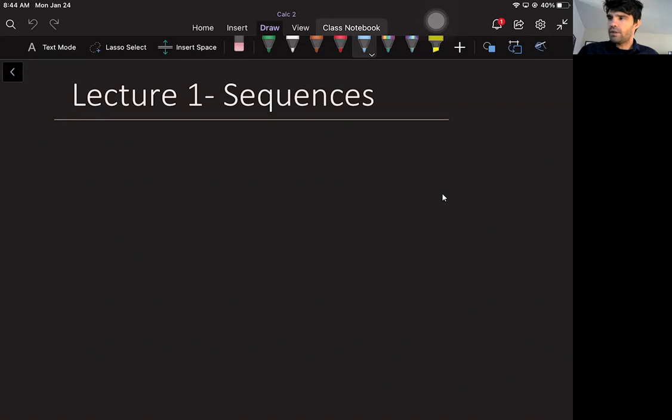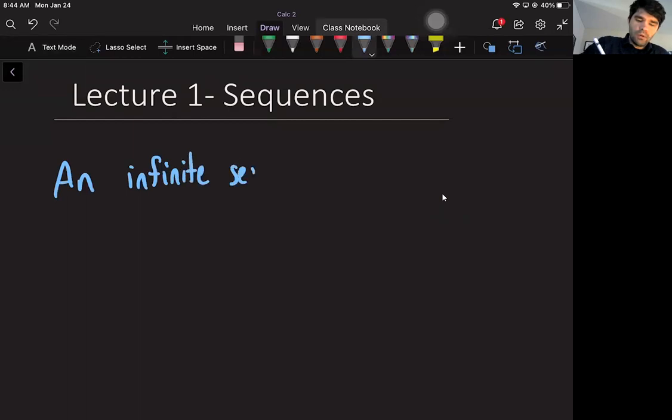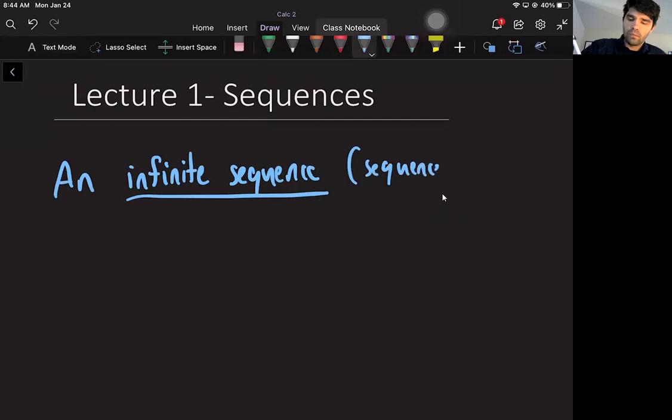Okay, so the first thing we need to talk about is what a sequence is. So you can call it a sequence or an infinite sequence, whatever you like. I just like sequence because it's shorter to write. So what is it?